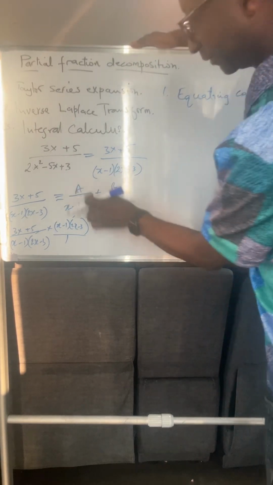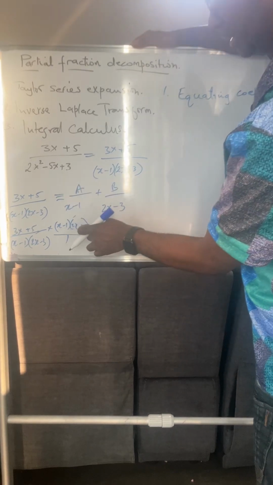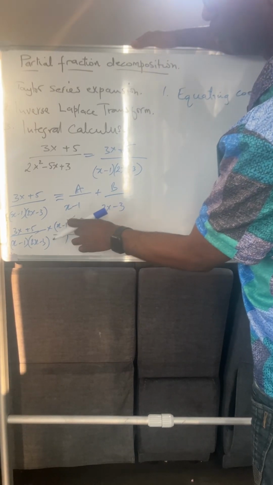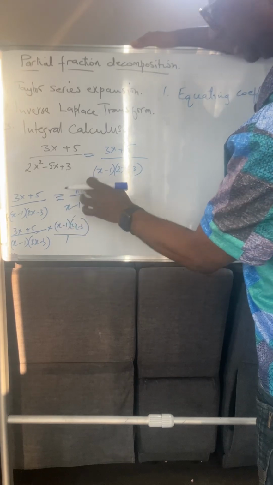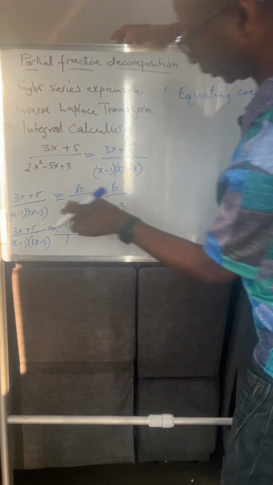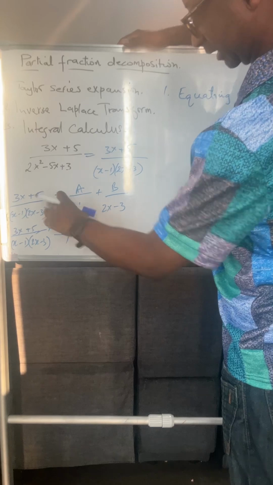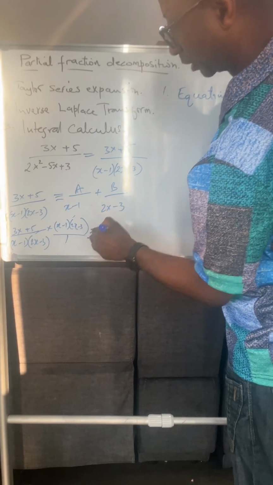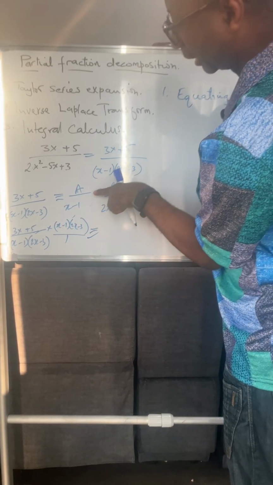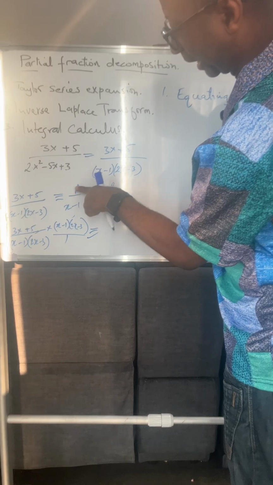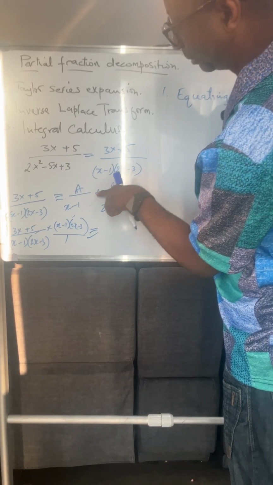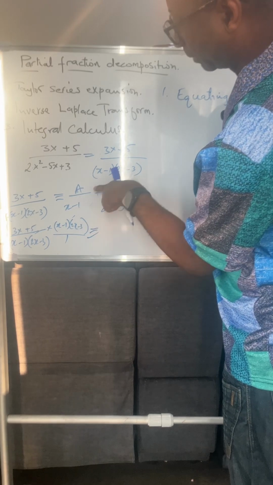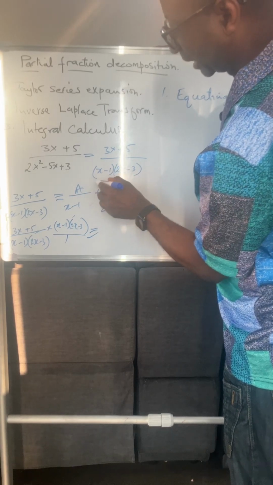So you multiply everything here by x minus 1 times 2x minus 3. If you do that here, you multiply A over x minus 1 times x minus 1 times 2x minus 3. The x minus 1 will cancel.